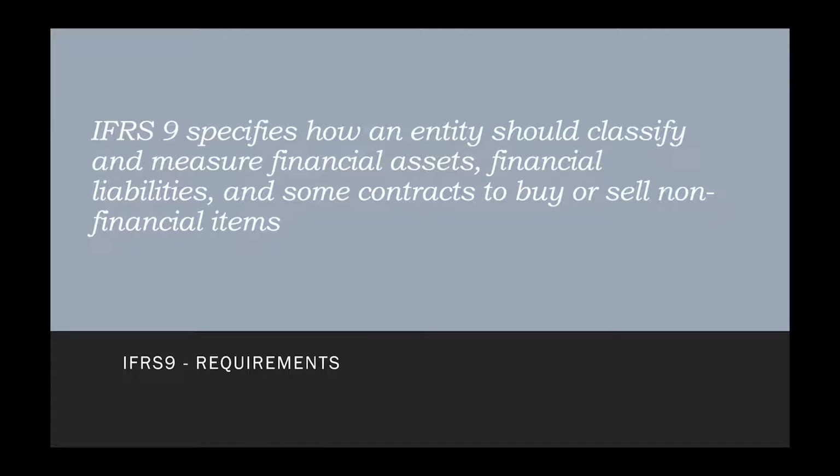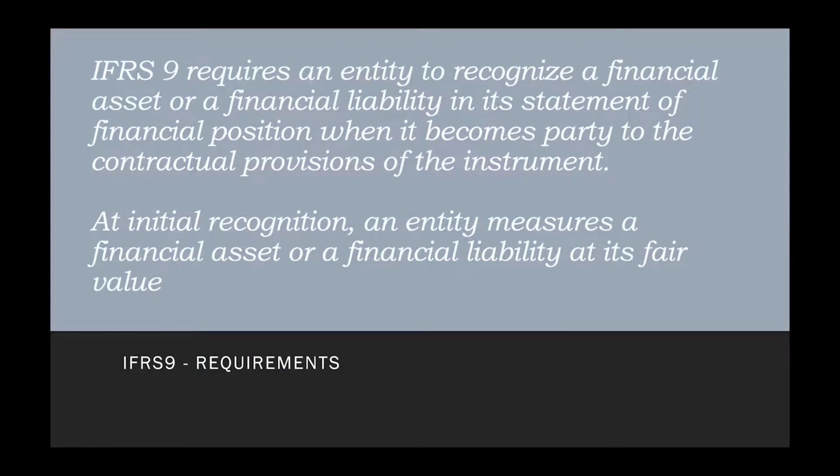This standard, IFRS 9, specifies how an entity should classify and measure financial assets. They also classify and measure financial liabilities and also some contracts to buy or sell non-financial items. And IFRS 9 therefore requires that an entity must recognize a financial asset or financial liability in its statement of financial position when it becomes part of the contractual provisions of the instruments.